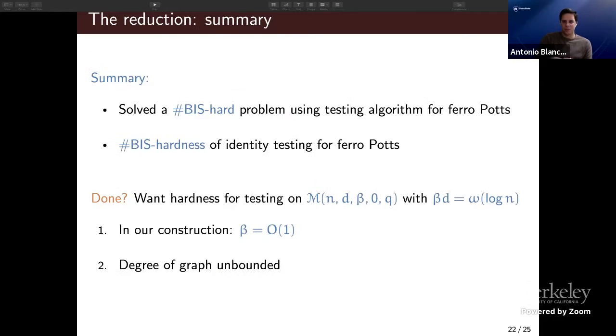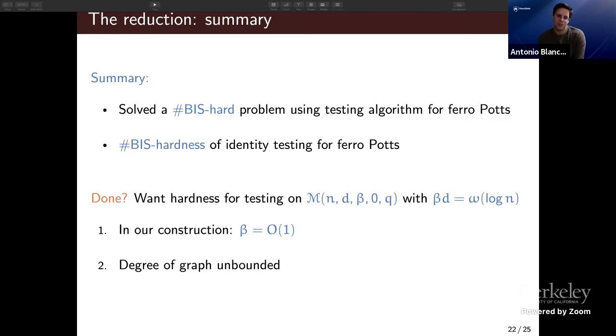Okay, so that's the reduction. Hopefully the main idea of the reduction is there and you got some insights. Remember that essentially we use the identity testing algorithm to solve a hard problem. So this implies the hardness of identity testing.